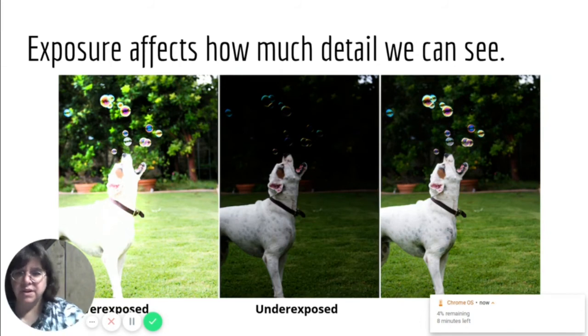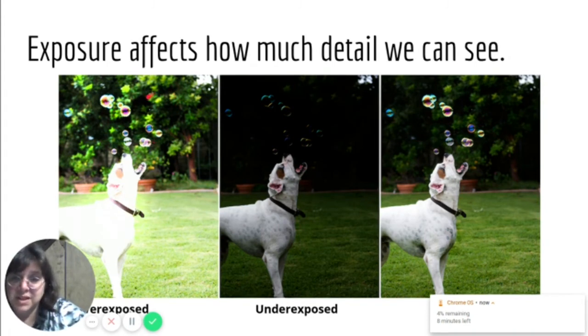What's important there? So to me, this picture is all about this really cool dog trying to bite at these bubbles. In this one that's overexposed, the dog almost looks like a ghost. He's so bright, we can hardly see him. But we do have lots of color in these bubbles.